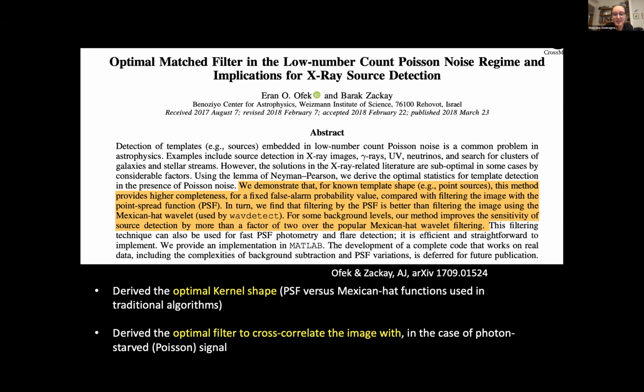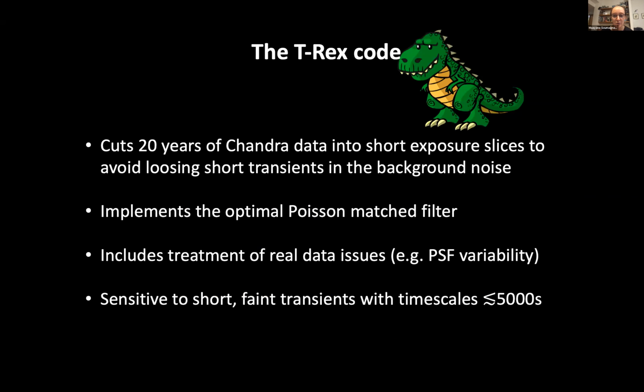And in the last minutes I will share preliminary results from running a code we call T-Rex on 20 years of Chandra archival data. So what does T-Rex do? It cuts the data into shorter exposures, like I explained before, to avoid losing precious transients in the noise.